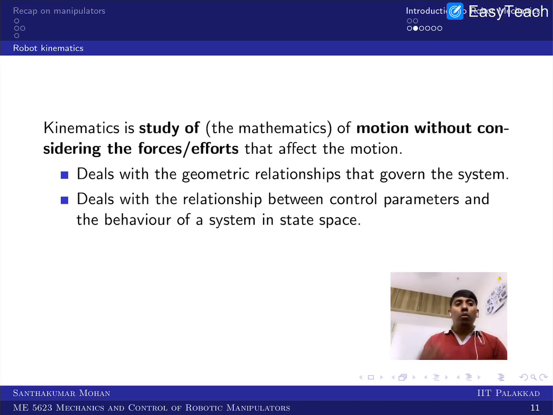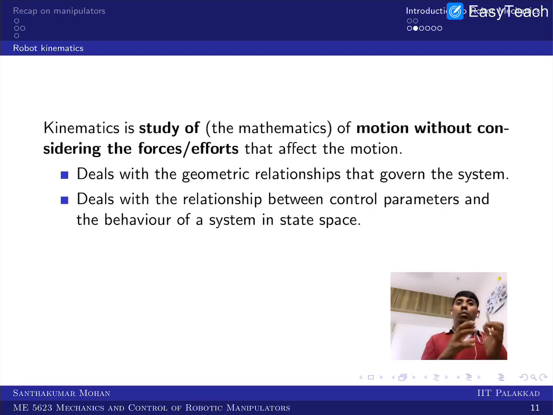But what is robot kinematics all about? Robot kinematics is nothing but kinematics, but a little more than the normal physics kinematics. What does that mean? Since the robotic system consists of multiple bodies, and each body consists of several things, one body to another body would be associated with certain parameters you need to map.